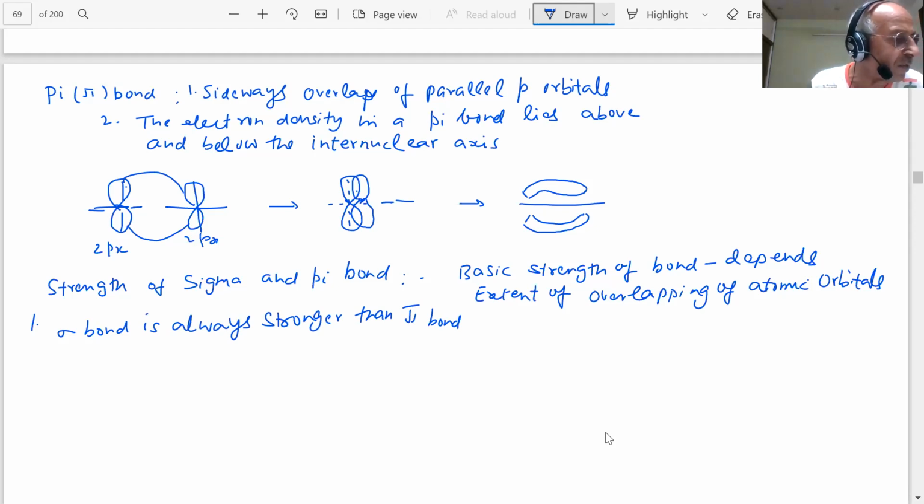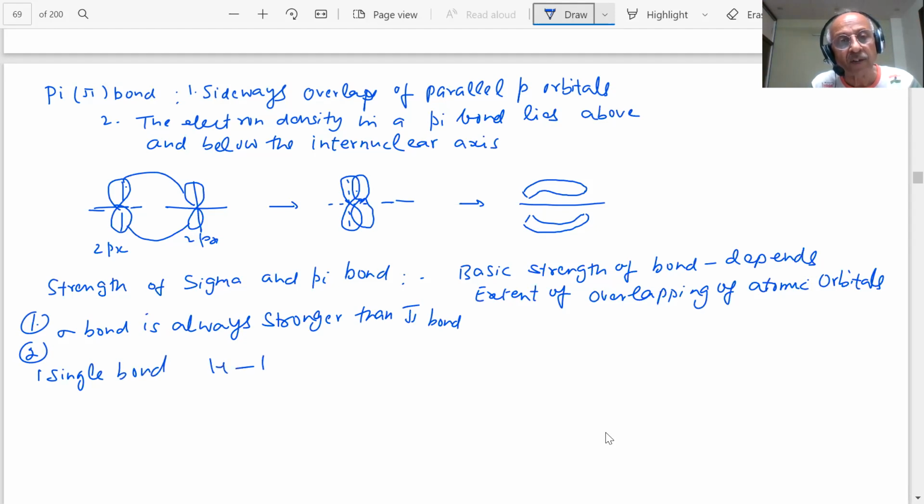So whenever a bond is formed, if you have only a single bond, like H-H, then it is a sigma bond.